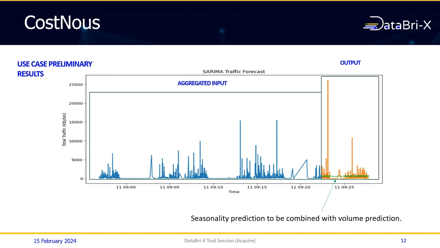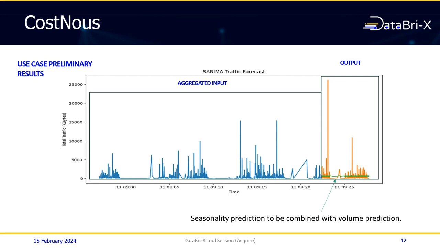With this aggregated data, we can do a prediction over time. The prediction usually has two components in this tool. The green one, which represents this seasonality or periodicity in the datasets, and the yellow one, which is the total prediction, by adding to the mix the volume prediction, or in other words, the amplitude of this seasonality.